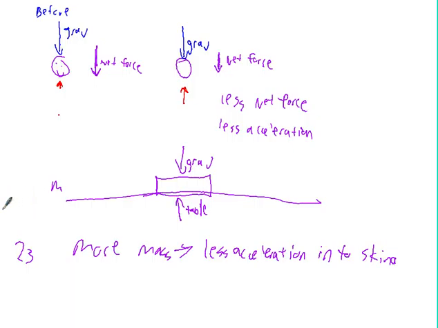All right, number 24, you can answer it a couple different ways. One, the mathematical way. So you have a 20 kilogram object with an acceleration of 2.0 meters per second squared.